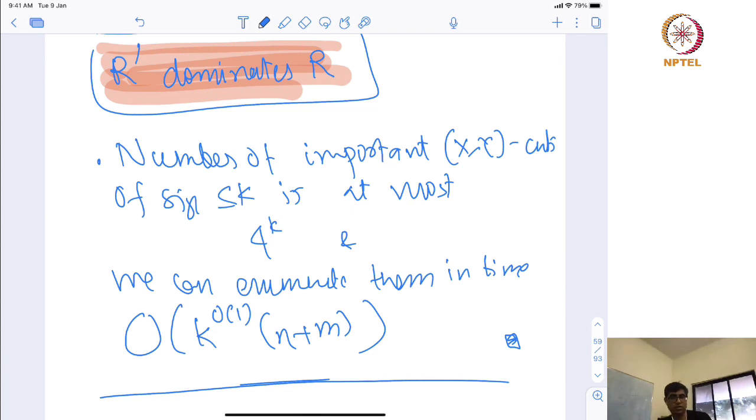So we saw that algorithm in this fashion. Now we are going to see the first application of this enumeration algorithm.